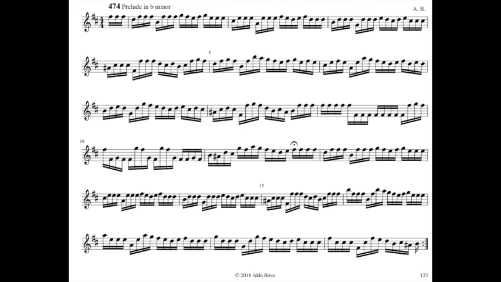but with some change. Instead of making F, F, F, D, F, F, F, B, I change the second note. Okay?